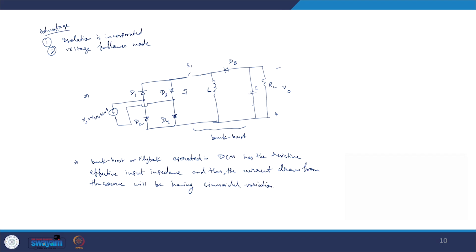So if we can ensure that the buck boost converter or flyback converter operates in DCM mode, then we can ensure that we have sinusoidal current drawn from the source. Obviously, the average inductor current in a switching period has a sinusoidal variation over the line cycle, and at the same time the peak of the inductor current is also varying sinusoidally in nature.